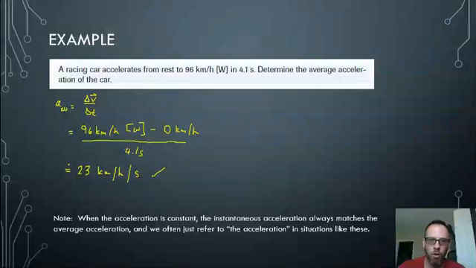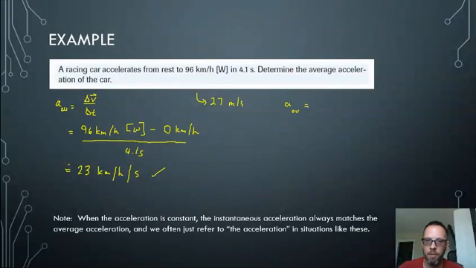Alternatively, we could have converted our 96 kilometers per hour by dividing by 3.6. That is about 27 meters per second, and we could have found it this way.